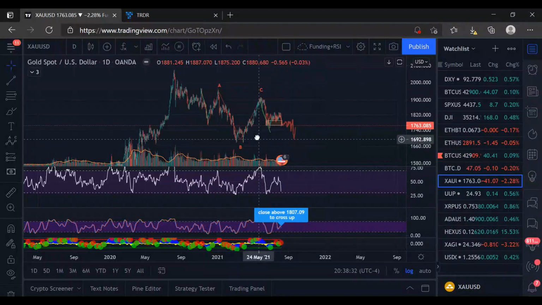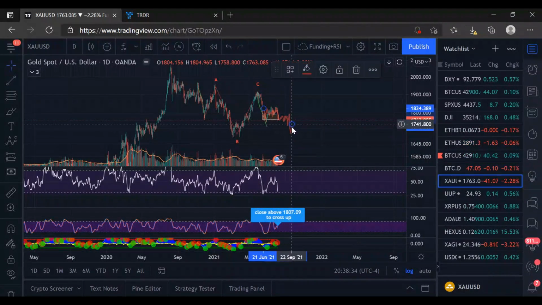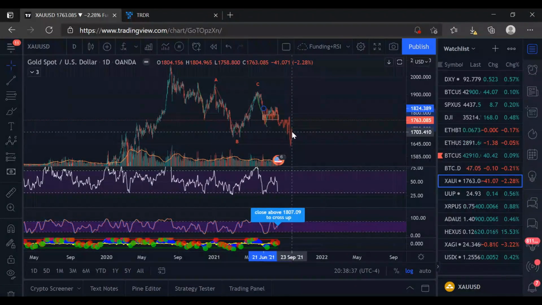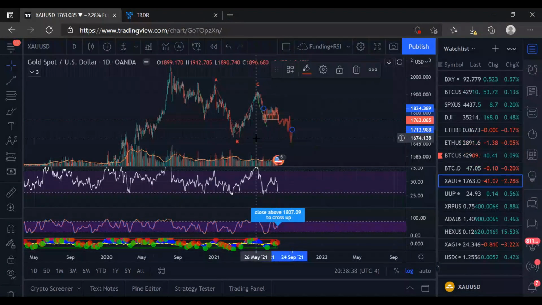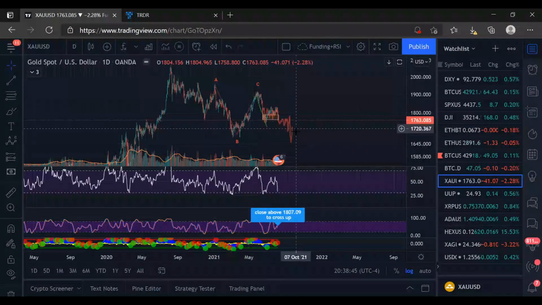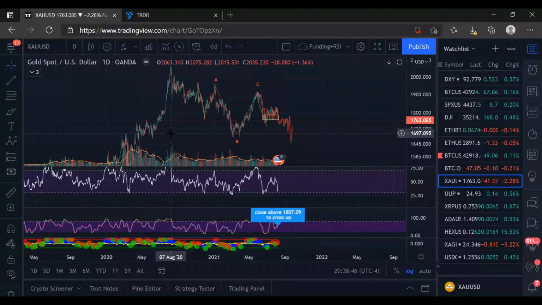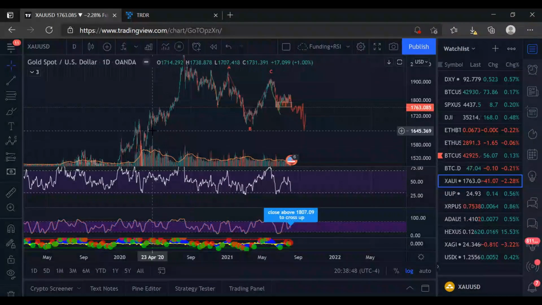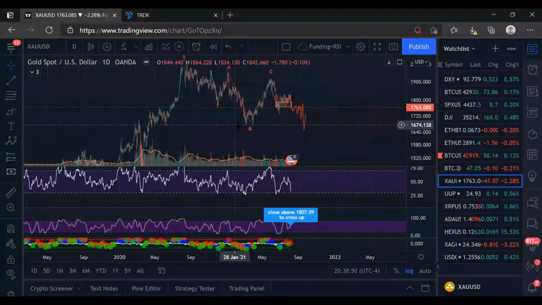Just like that, but maybe down. Yeah, like that. And that'll match this very nicely, and it'll get us down all the way to stop those people out over here. Look at that, that would be great.